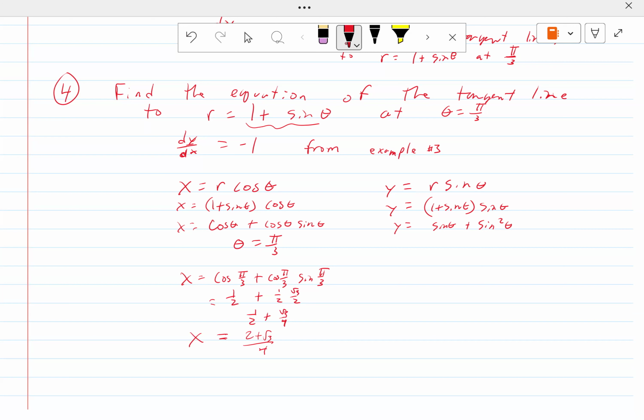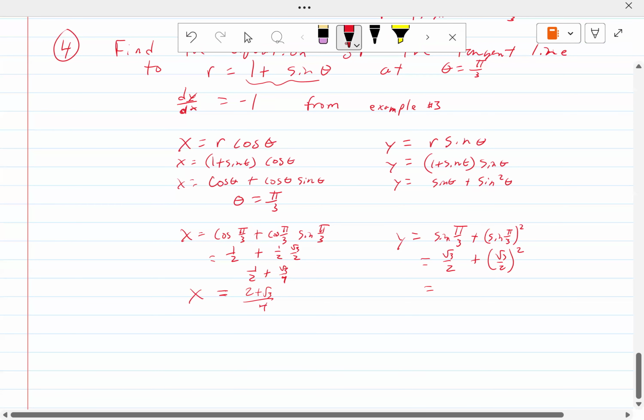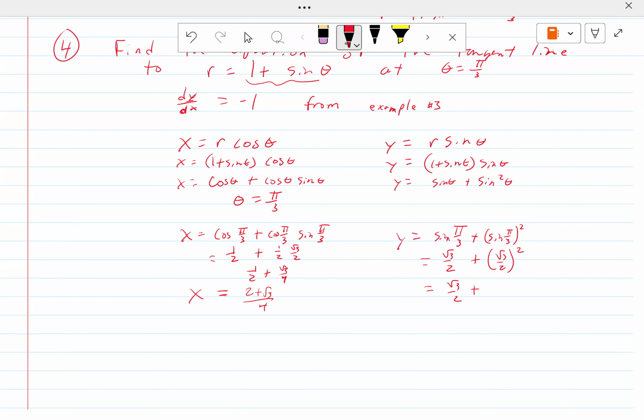Okay, where is y located? Well, y is equal to the sine of pi over 3 plus the sine of pi over 3 squared. The sine of pi over 3 is radical 3 over 2. So this is radical 3 over 2 plus radical 3 over 2 squared. So that's equal to radical 3 over 2 plus radical 3 times radical 3, that's just 3, over 4.